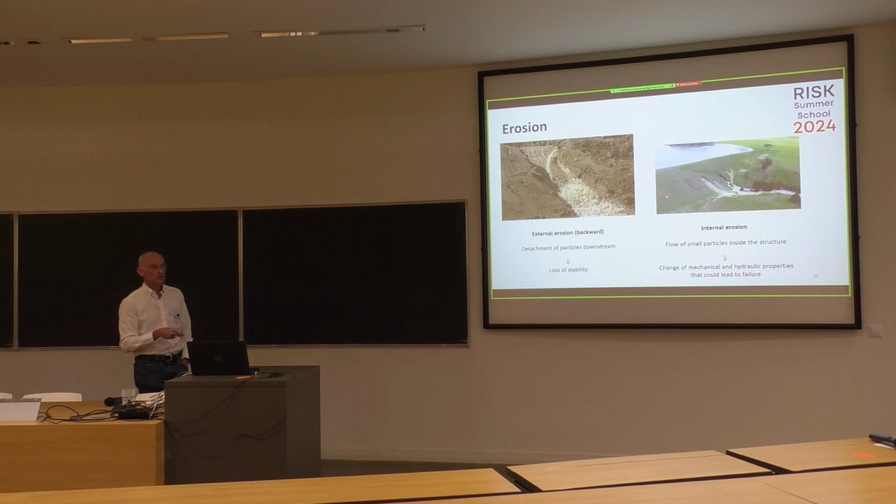And at the end, you can have a tunnel inside the dam and a leakage, as you can see here. And sometimes it also leads to a failure. This is what happened during the Katrina storm in the United States in 2006, I don't remember, 6 or 8. So in that case, we have a change of the mechanical properties, mainly the porosity, and the hydraulic properties, because we have a change in the permeability, and this can then lead to the failure.